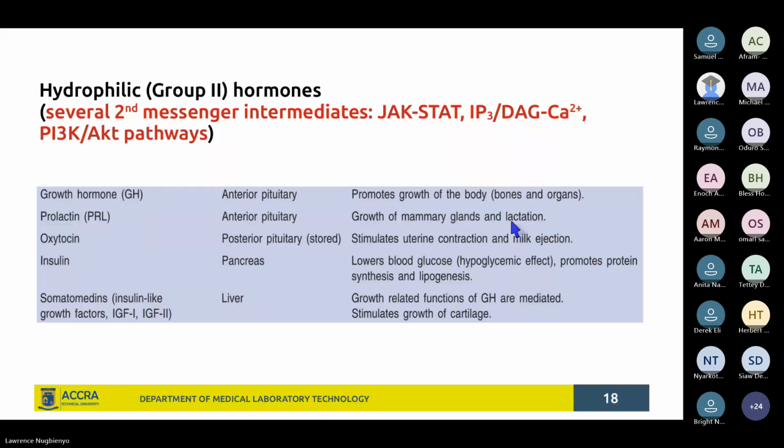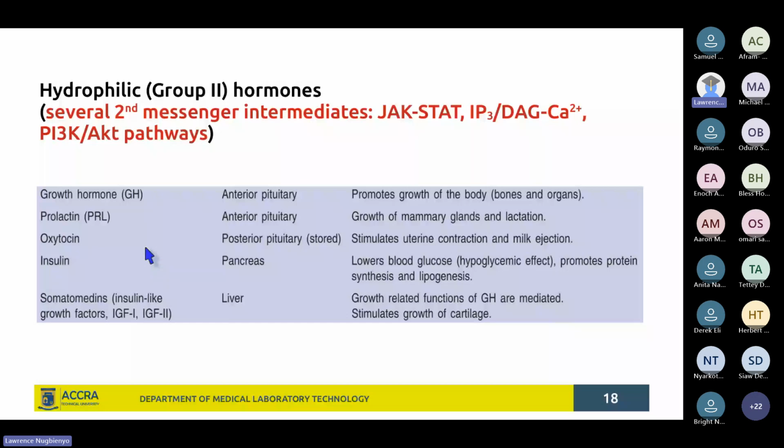Oxytocin, secreted by the posterior pituitary of the brain, stimulating uterine contraction in childbirth, in labor, and also for milk ejection from the mammary glands. You have here insulin. So insulin is one of those in this subgroup. But I think we've seen insulin also acting.